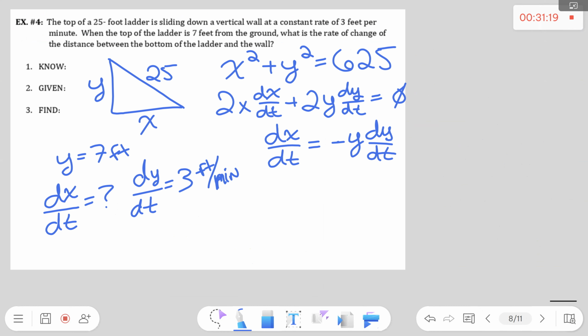Can we figure out x? Don't we have to find out x too?